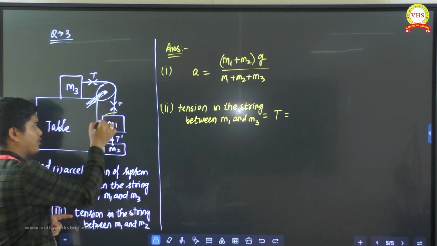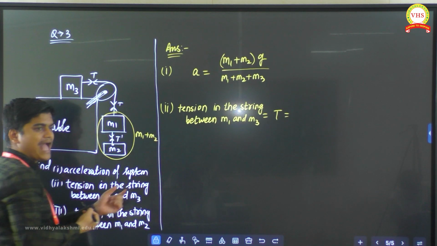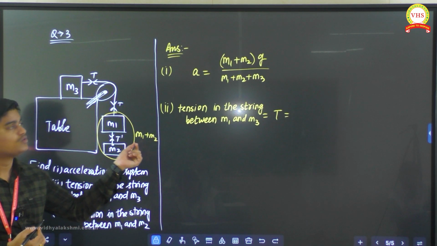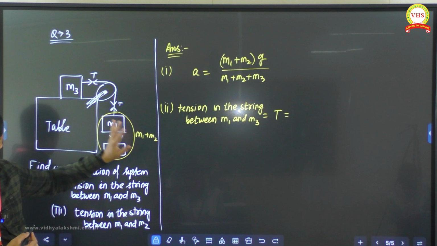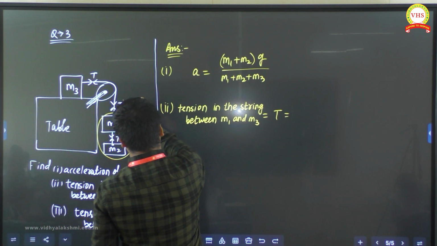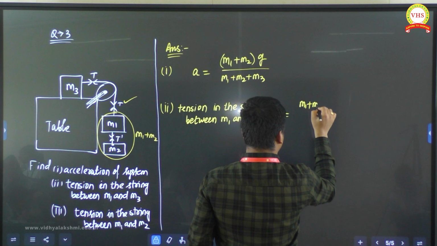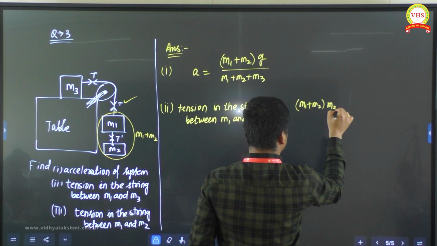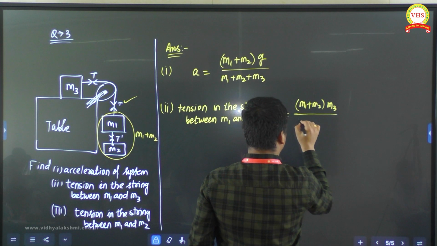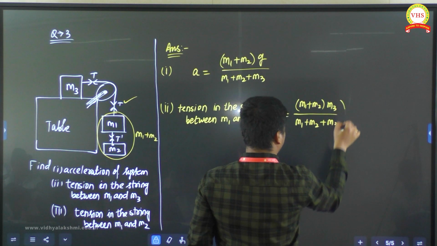Considering total together, hanging mass is M1 plus M2. Resting mass is M3. So I told hanging mass into resting mass. If this T you want to find, then hanging mass into resting mass divided by addition of all the masses into G.